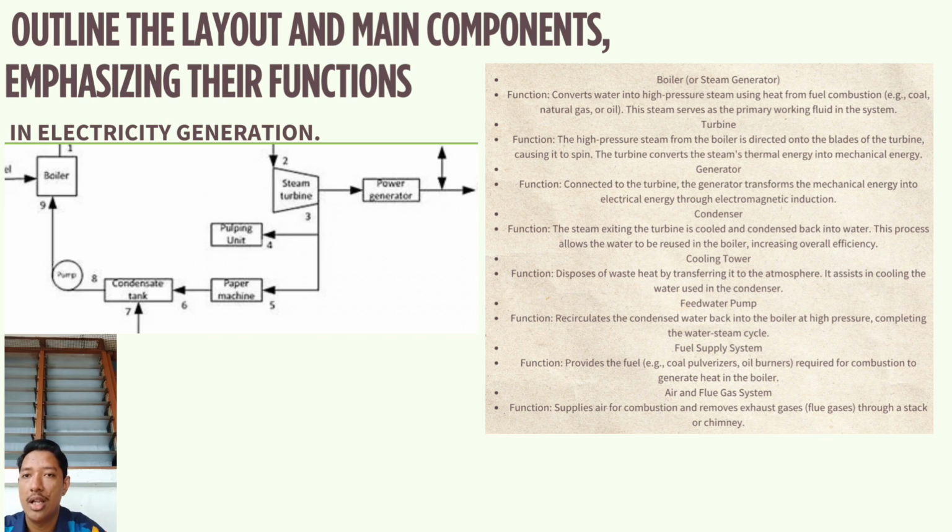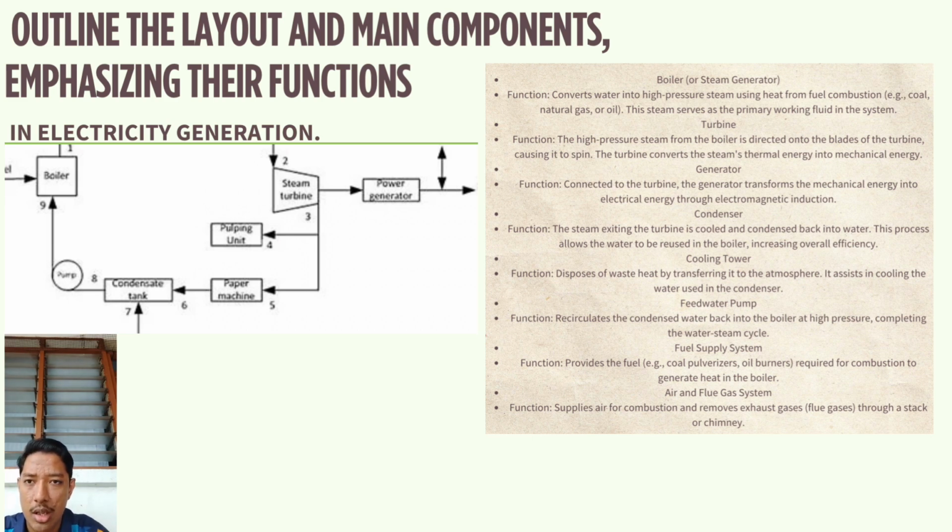Next, the cooling tower. The function of the cooling tower is disposal of waste heat by transferring it to the atmosphere. It assists in cooling the water used in the condenser.